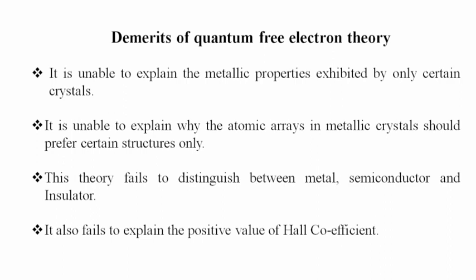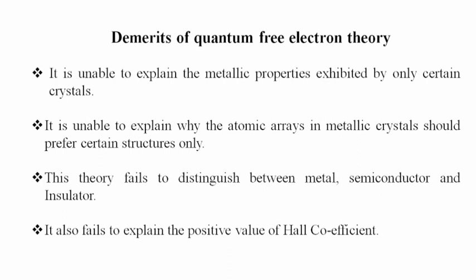Now what are the demerits of quantum free electron theory? It is unable to explain the metallic properties exhibited by only certain crystals, because in this quantum free electron theory we have assumed that the electrons feel a constant potential field, but in reality there is a band-like energy band structure.